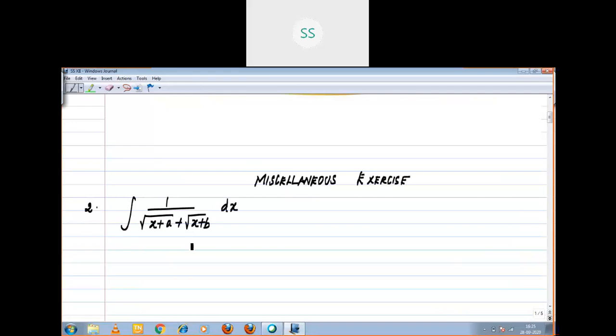See, the given integrand we cannot integrate directly. So we are going to modify the integrand into the simplest form.